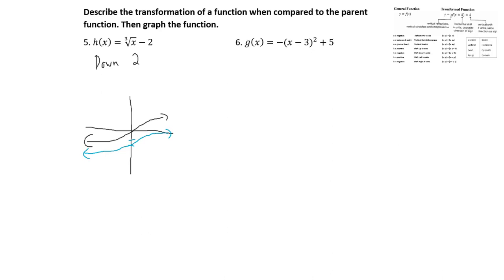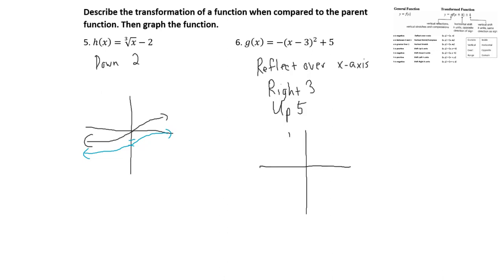Our next one has a lot of changes. The minus on the outside is a reflection over the x-axis. Some will say flip as well. The minus 3 on the inside makes it go right 3 units. And the plus 5 on the outside goes up 5. So as a quadratic, a quick rough sketch looks like that.